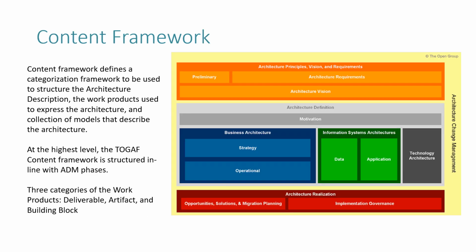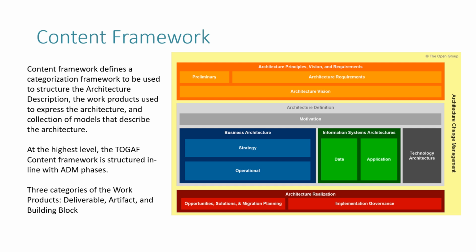The architects executing the ADM will produce a number of outputs, from process flows to architecture requirements, project plans, etc. The content framework provides a structured model for the architecture content. Architecture content recognizes deliverables, artifacts, and building blocks, and differentiates between them.